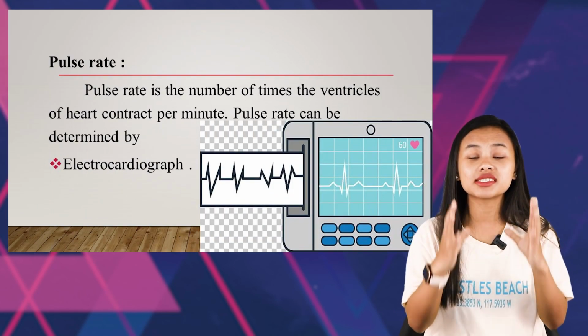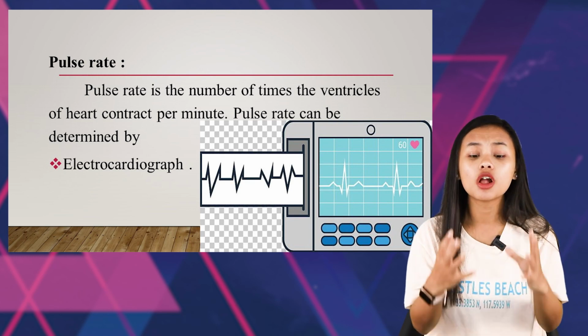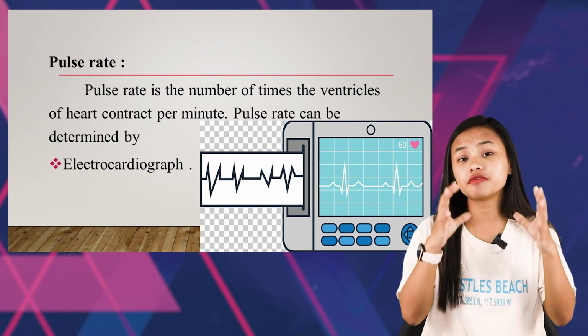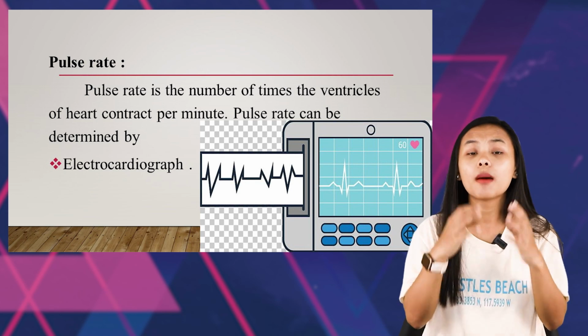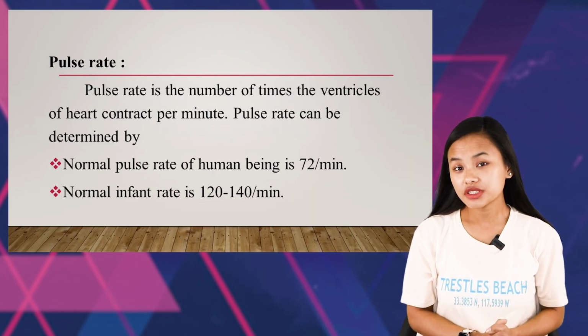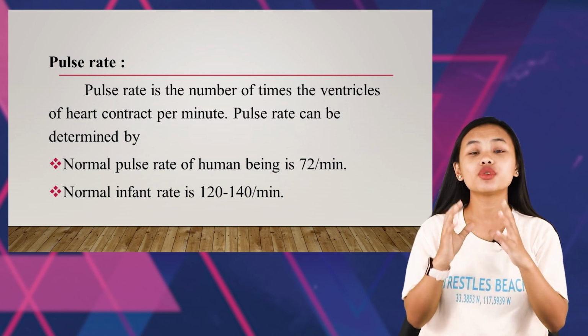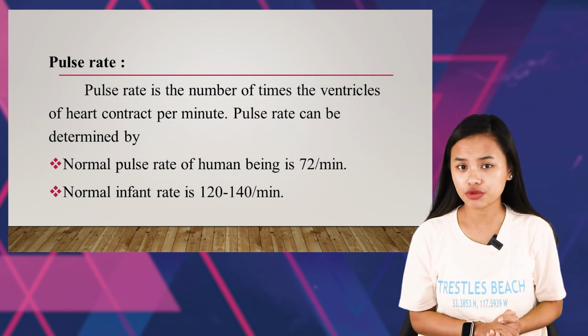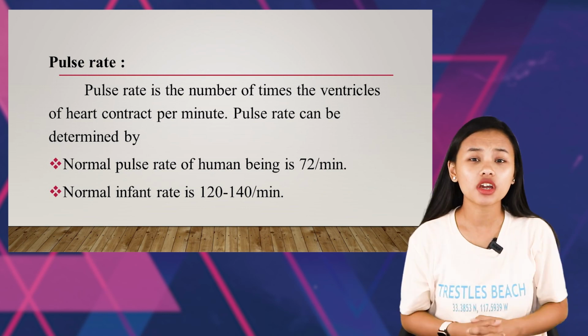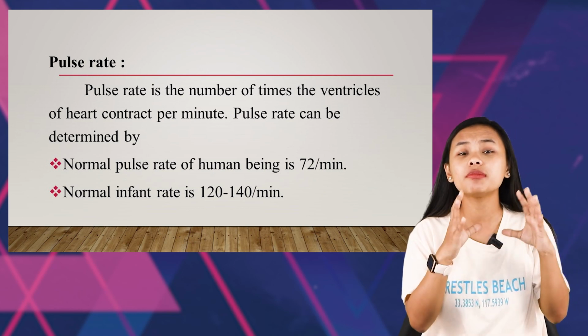So you can assess the pulse rate of an individual, which is the number of times the ventricles will be contracting per minute, through palpating the pulse or even through electrocardiogram. So these are the various information that we can get through assessing the pulse rate of an individual. Since we are talking about pulse rate, what do you mean by pulse rate?